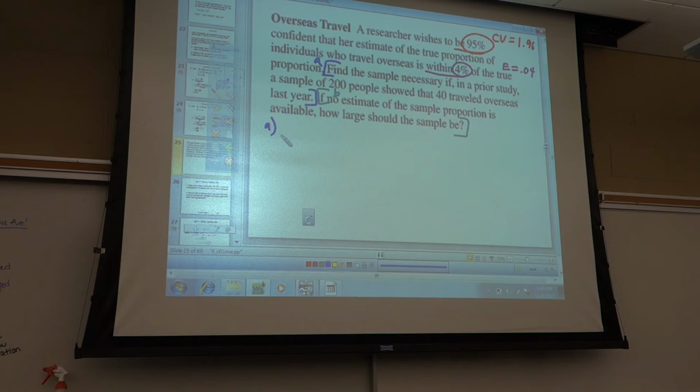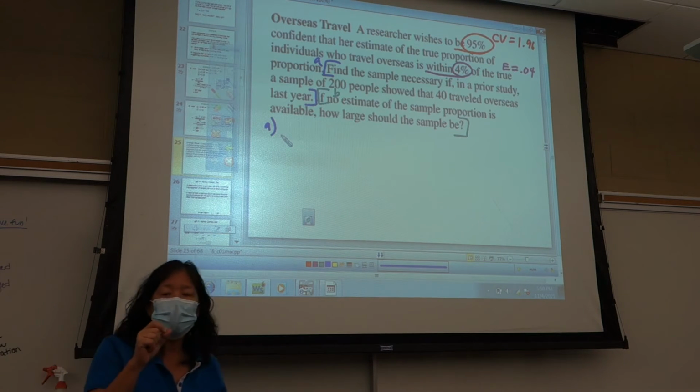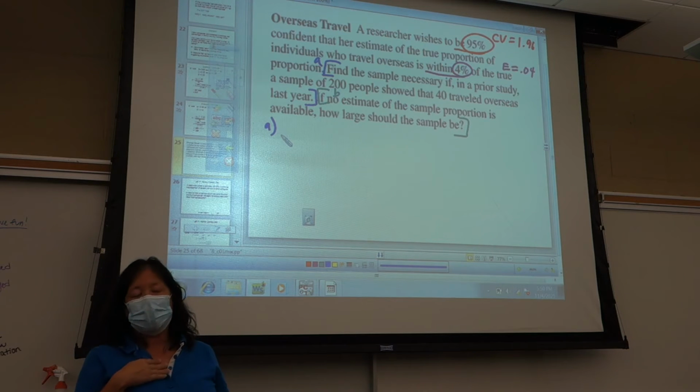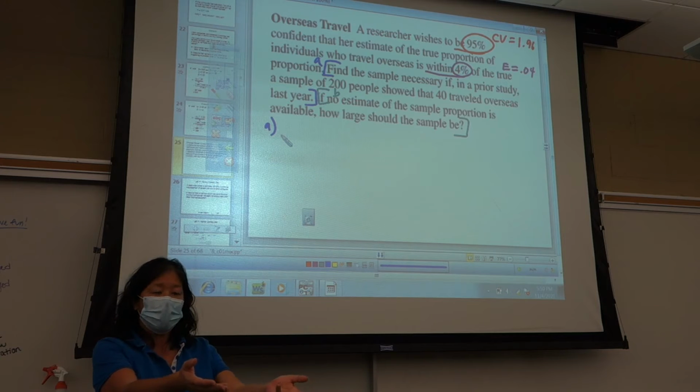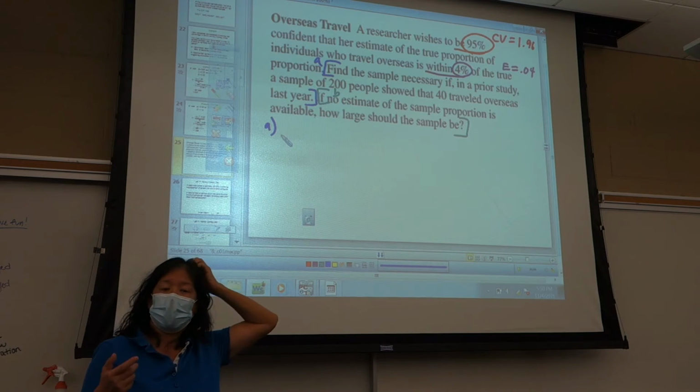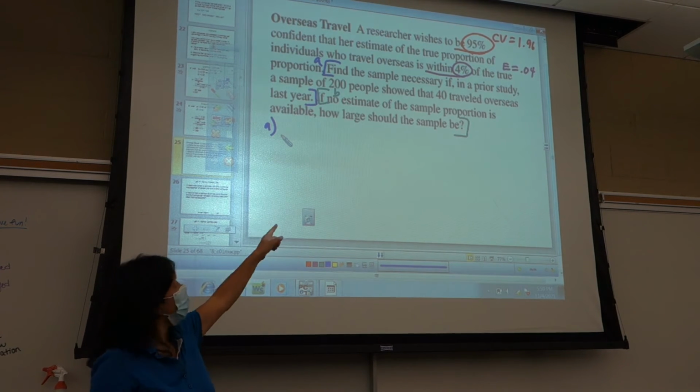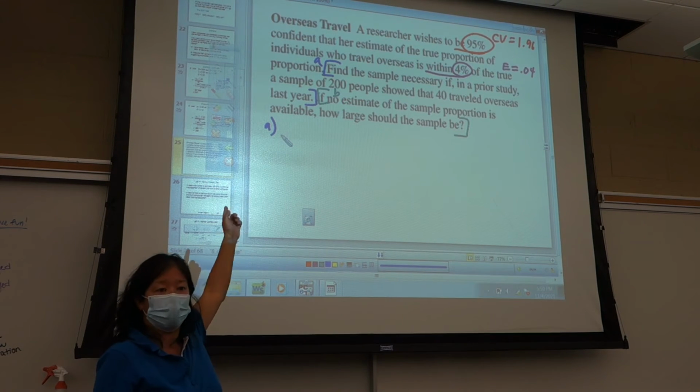Now they sort of have sorted out. Just remember part A, in a previous study, 200 people showed 40% traveling overseas. Did I give you a p hat? Did I give you a percentage? There's no percent there. You have to find your p hat from those numbers. 40 said yes out of 200.